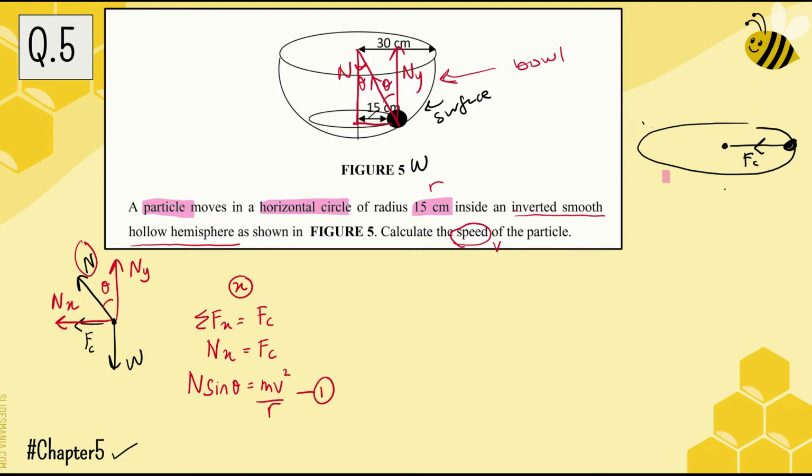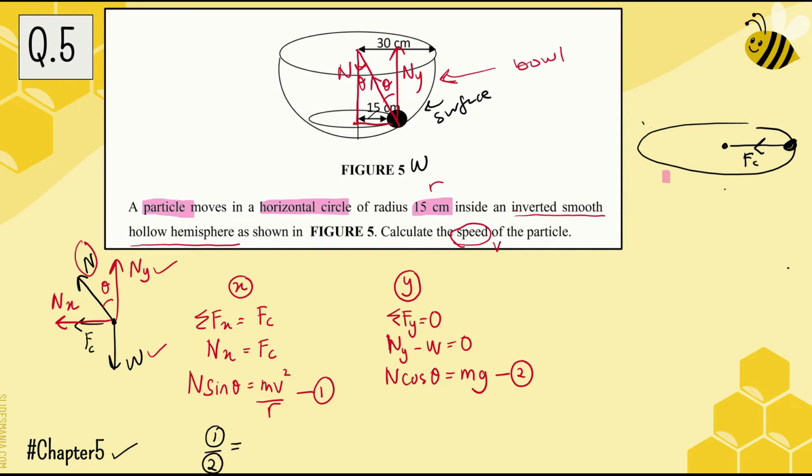We are not given the value of mass, and we are not given the value of normal. So first we do both the x and y axes. For the y-axis, summation of Fy is equal to 0. For the y-axis we have normal and weight, so Ny minus W is equal to 0. Then Ny is equal to N cos theta, equal to the weight mg. Now this is our second equation. To simply solve the question, we divide equation 1 by equation 2.